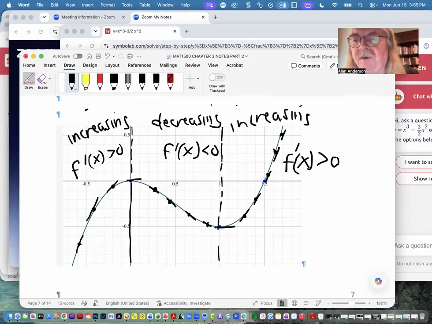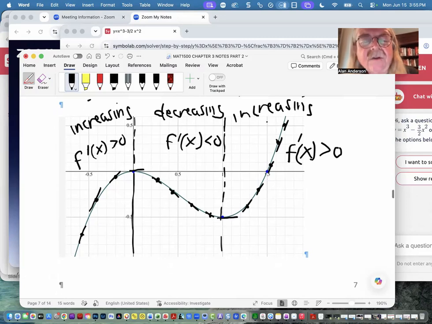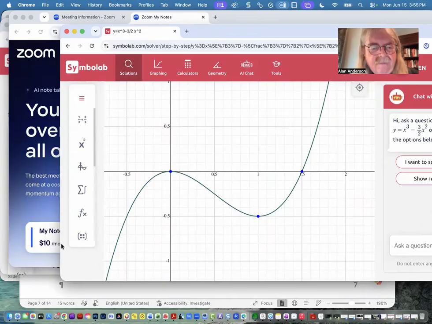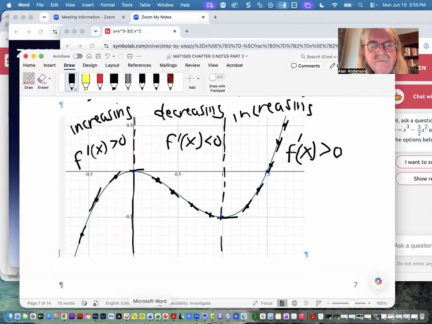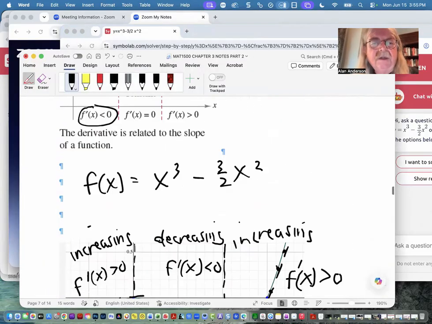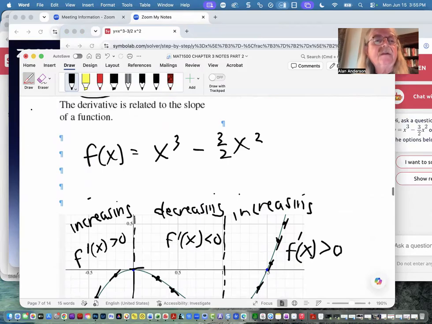So they want us to prove this. The first thing we have to do is take the derivative of this function. Once again, it's x cubed minus 3 halves x squared.